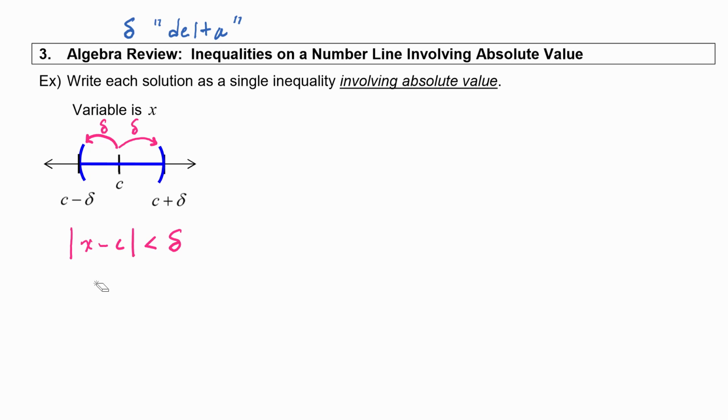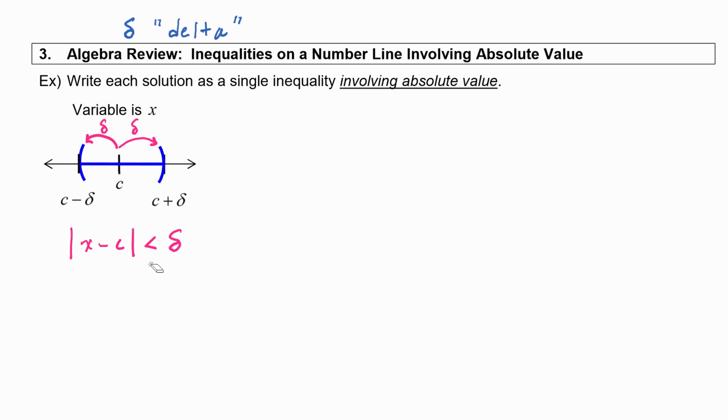Remember that absolute value of a difference gives us the distance between those 2 points, so we are saying the distance between x and c has to be less than delta.